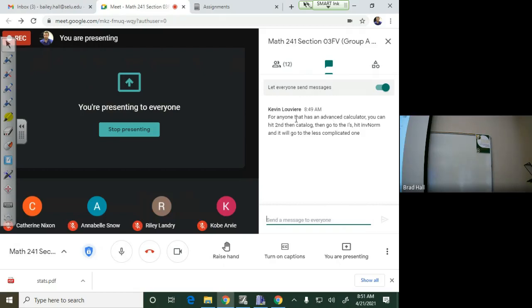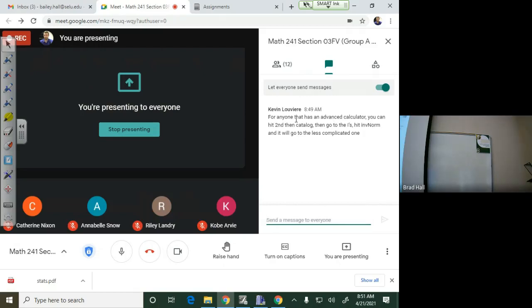Emily has come along. I can't read what he wrote up there. I can't read it either. You can hit second and catalog. I can show you what he's talking about. Basically, if you want to do it the way I'm doing it. He's saying, second, catalog. If you go to second and catalog, it lists every command this calculator has.